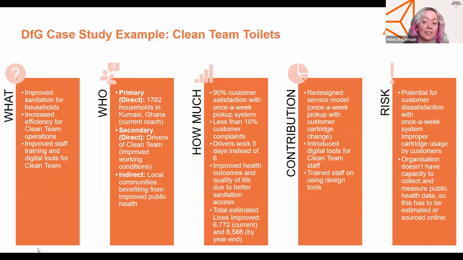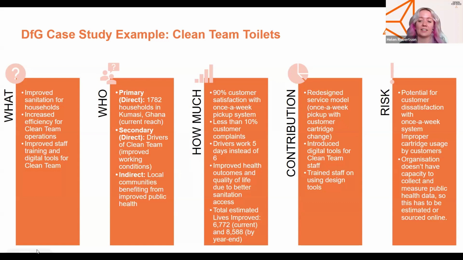Contribution: the team redesigned the service model, introducing a once-a-week pickup system with customer cartridge changes. They also developed digital tools for staff and provided training on these tools. And risk. Potential risks included customer dissatisfaction with the new system, improper cartridge usage, and the challenge of measuring public health data directly. These risks were mitigated through careful planning and customer education.